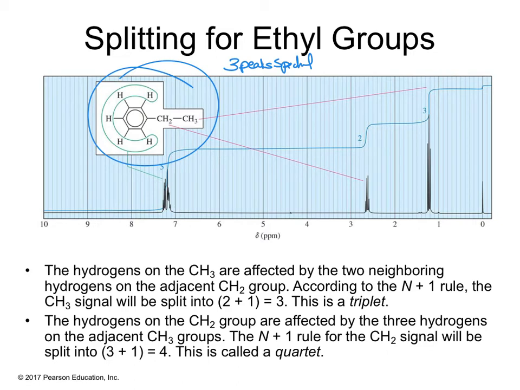And we're going to be able to say that this is going to be the higher field at 1.3 ppm because of its not very electronegative environment. Then you could look at this and say, oh, this is benzylic, so it's going to be around 2.3 ppm. And then I want you to be able to look at these and say, oh, these are aromatic, so they're going to be between about 7.5 ppm.